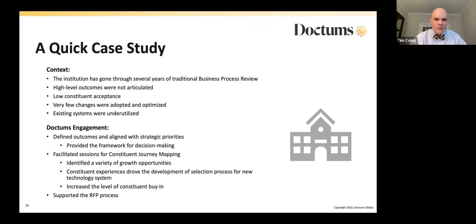Let's make sure that we can align all of this with strategic priorities. Let's talk about how all this is going and where we're headed, and let's make sure that people understand that. We did our constituent journey mapping process. We talked with a variety of constituents, and I'll just go ahead and tell you, we're working with an HR department. And so this harkens back to one of my common challenges, which was keeping and retaining your employees. So we're talking to a variety of constituents.